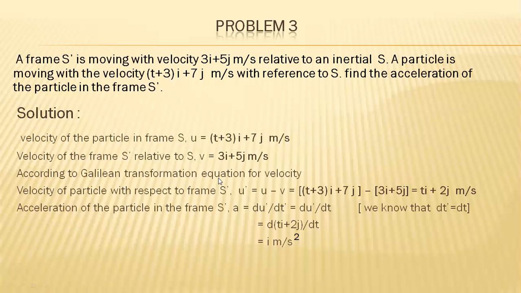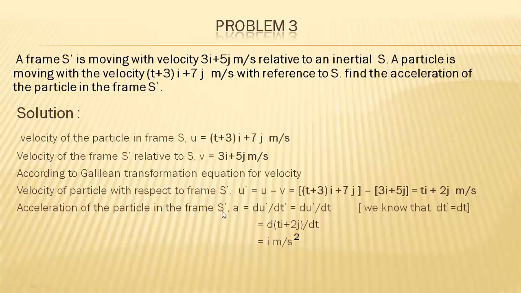According to the Galilean transformation equation, the velocity of the particle with respect to frame S' is u' = u - v. Substituting the values of u and v, u' = (t + 3)i + 7j - (3i + 5j), which equals ti + 2j per second.